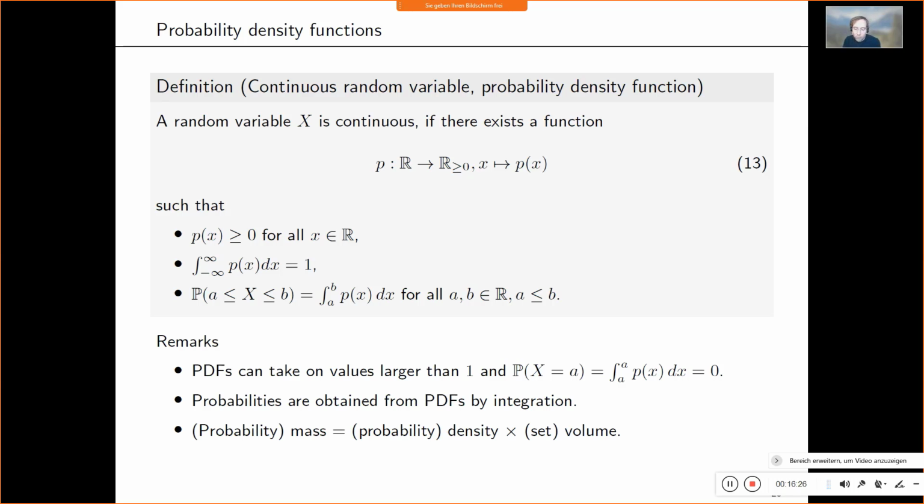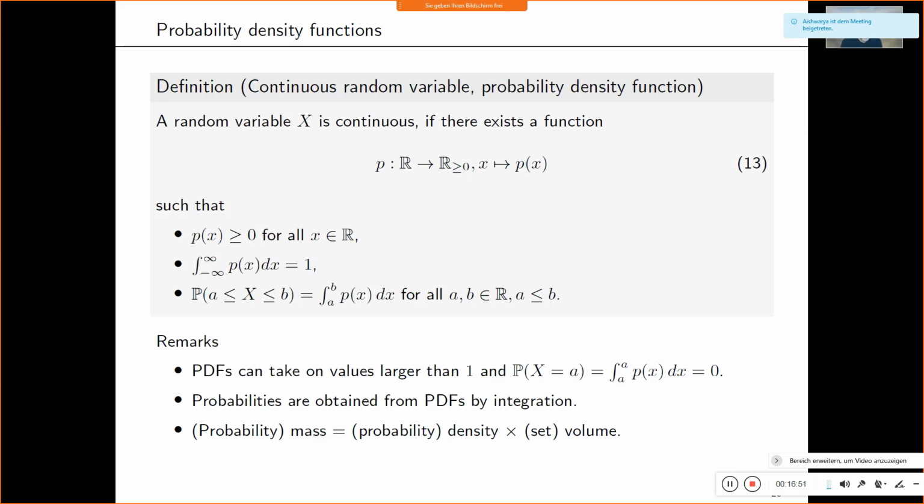So if you want to evaluate the mass of a specific volume of an object of a specific substance, then you need to multiply the volume of this object with the density, and then you get the probability mass. This is the way probability density functions work.